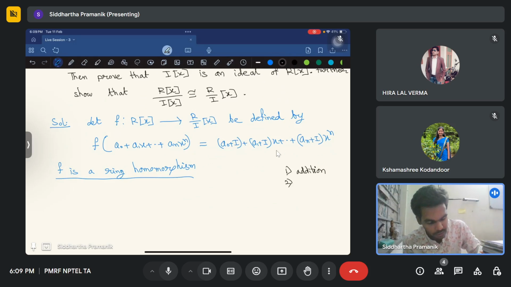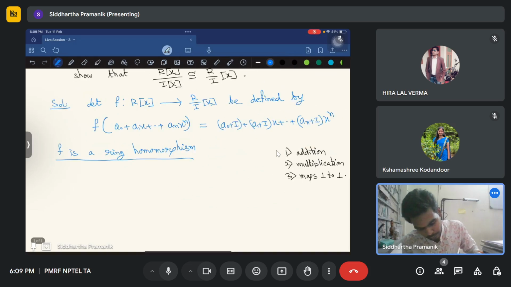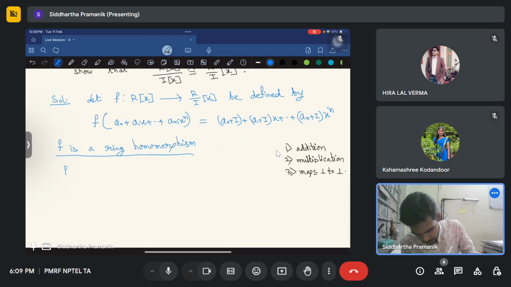Second, it preserves multiplication. And third, it maps 1 to 1. So we'll check these three things one by one.